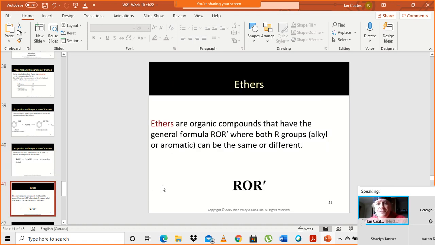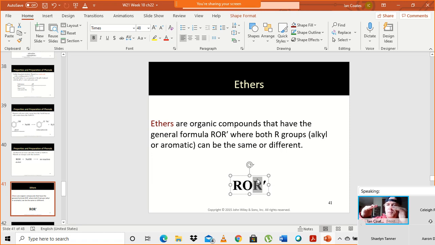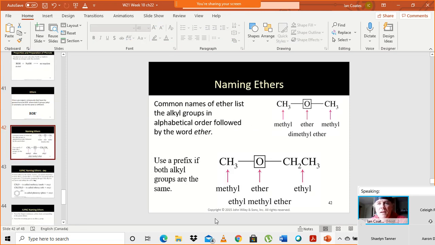Ethers. We're back to these guys here with a carbon chain on one side, the carbon chain on the other, separated by kind of a bridge there, single bond, to an O in the middle. And you'll remember, I think the example was from the earlier slides there, what was it?